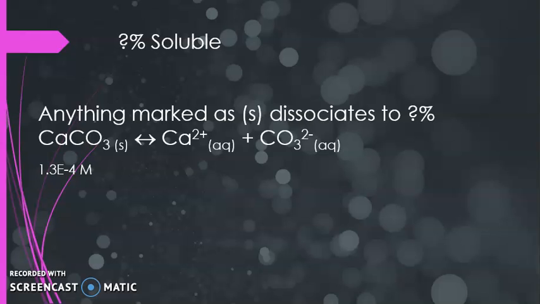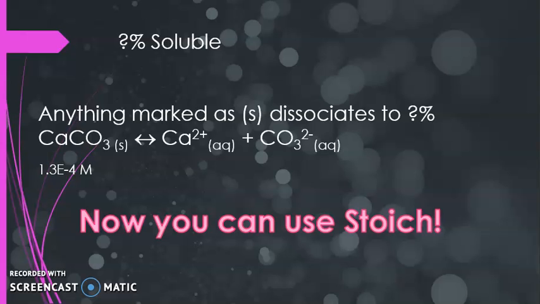But because we know 100% of this molarity does dissociate, now we're allowed to use stoichiometry. We can pull this number over to the product side. Through mole ratios, we now know that the molarity of the calcium and the molarity of the carbonate in the solution will also both be 1.3 times 10 to the negative fourth molar.